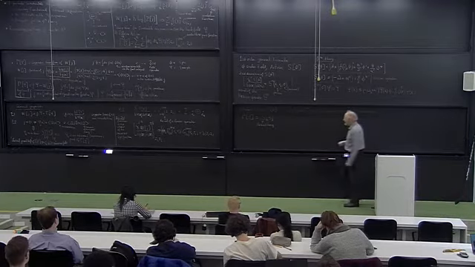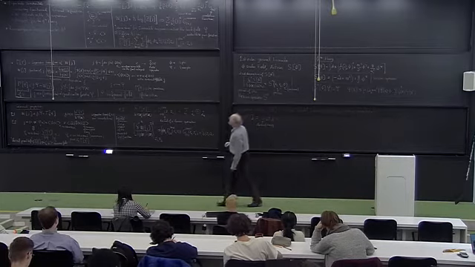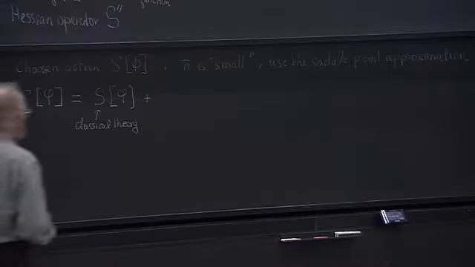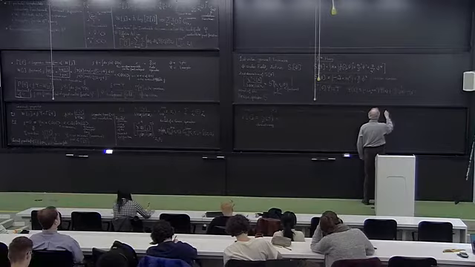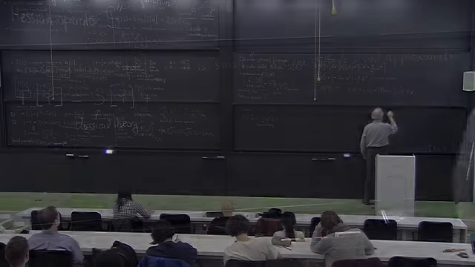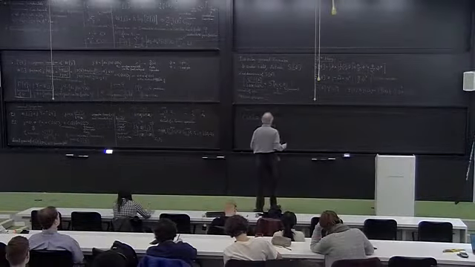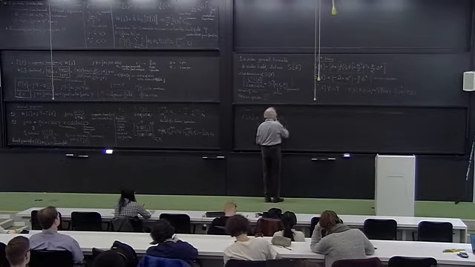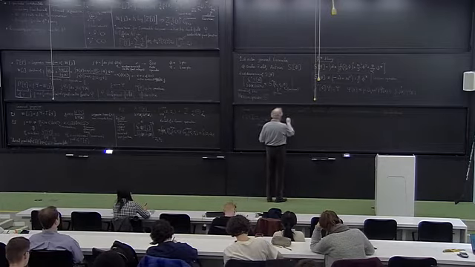Okay, so what's interesting is what's going on if you go to second order in h bar. So we use the saddle point approximation plus the fluctuations around the saddle point. Then you get a correction which is of order h bar, because it's a first quantum correction. And this takes a very simple form.